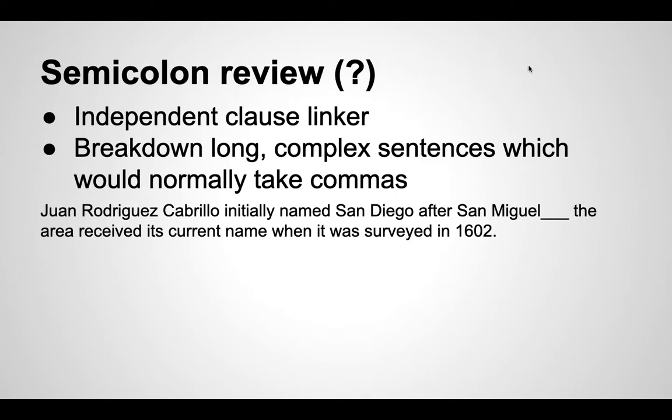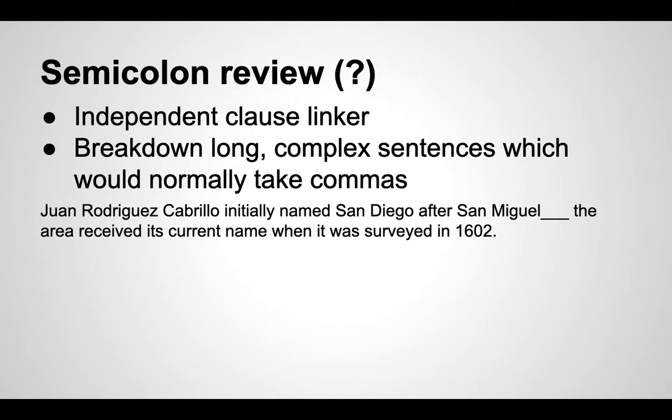There's three different ways we can punctuate this. We can put a period right here after San Miguel and start the new sentence with a capital letter. We can put in a semicolon, or we can put in a comma and a conjunction. Comma, and the area received its current name when it was surveyed in 1602.